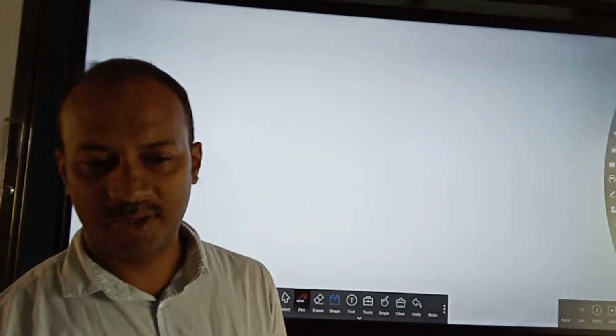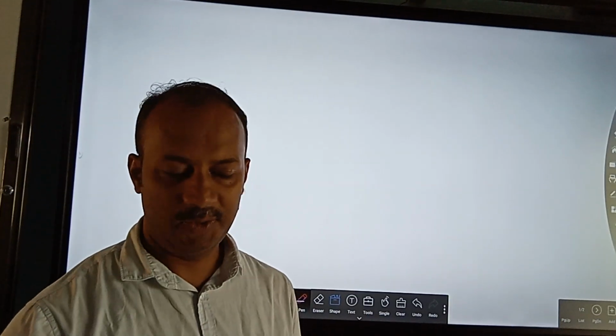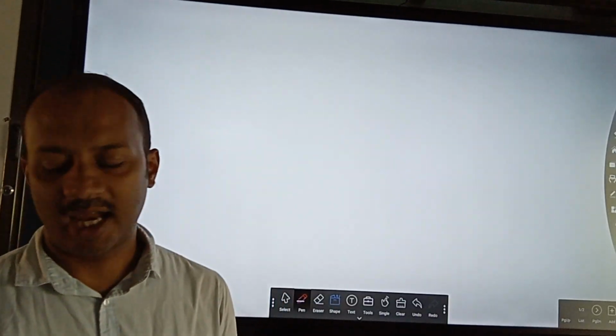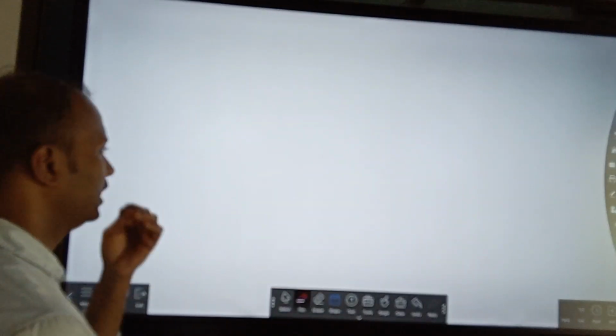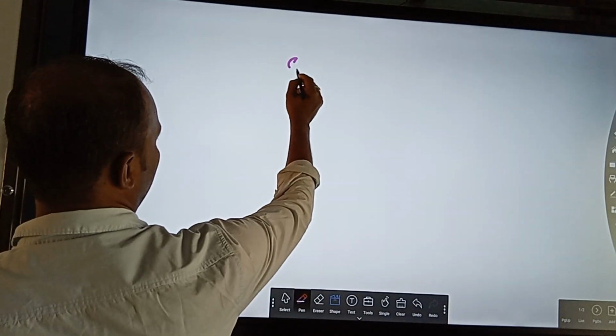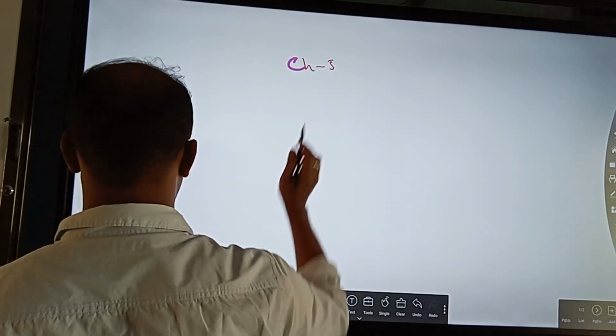So today we are going to start a new topic: a dipole placed in a uniform magnetic field. The chapter number 5.